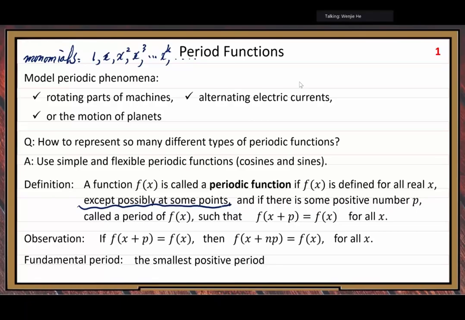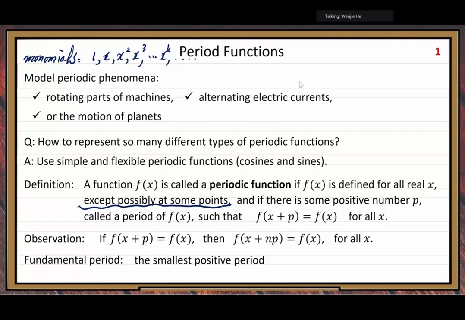Then sometimes in real world situations, the whole representation is true everywhere except at some certain scattered points, where it is not true.